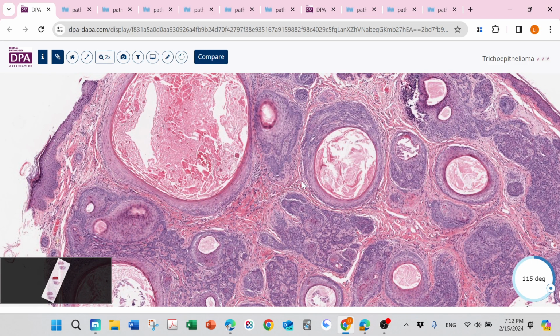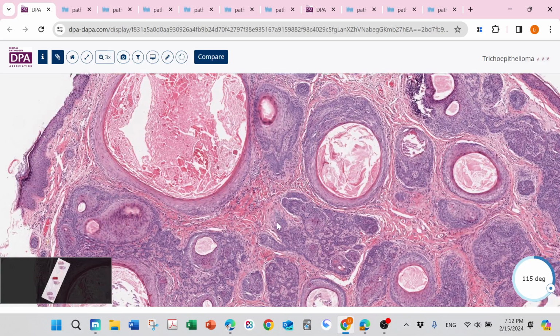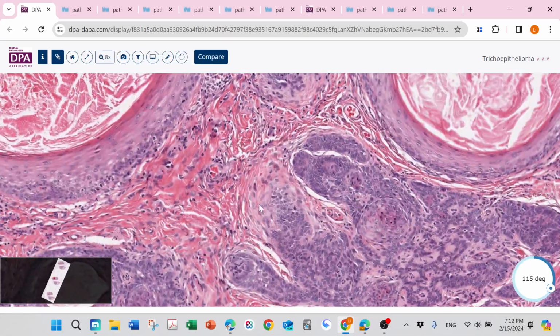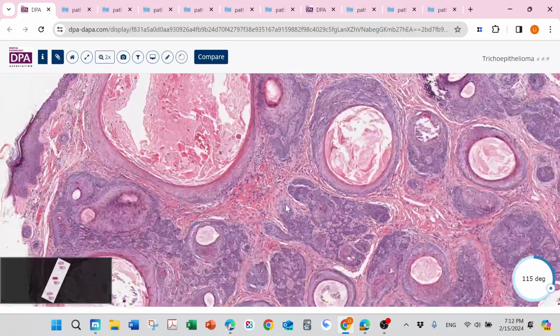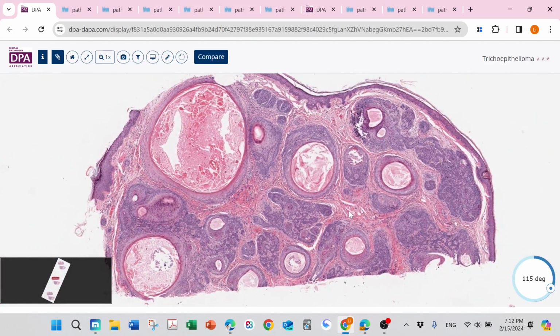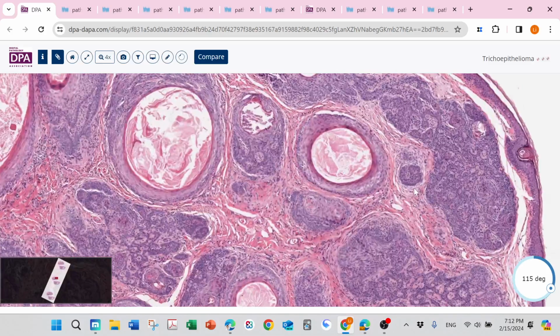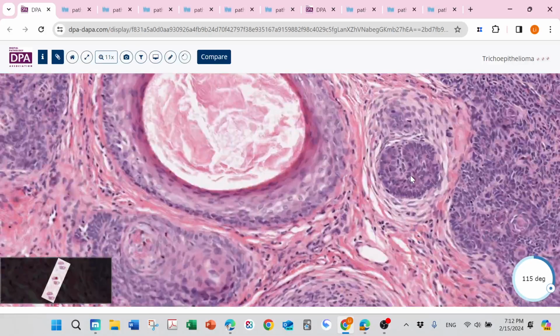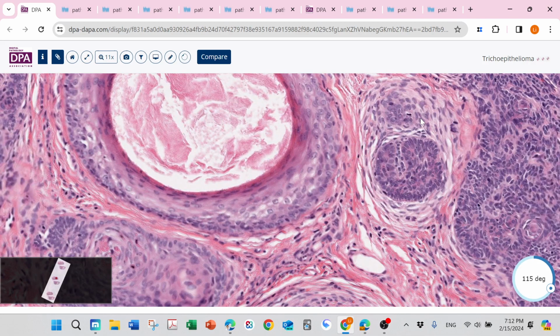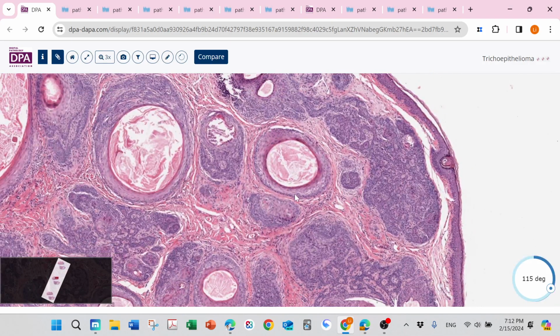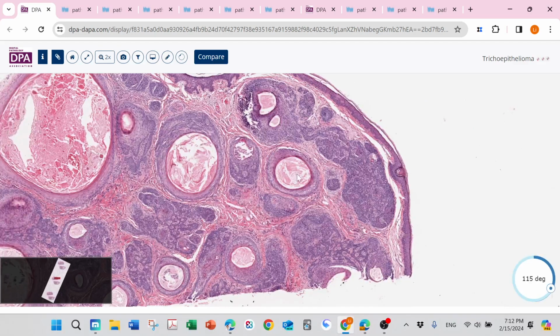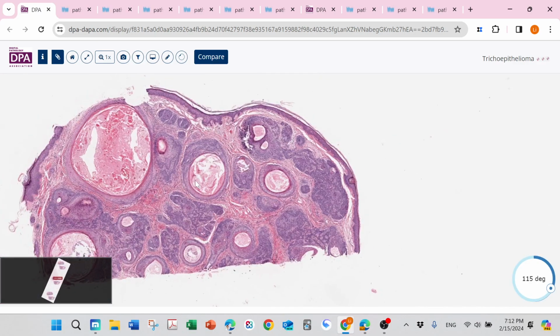But remember, the papillary mesenchymal body is the basaloid cells hugged by spindle fibroblast-like cells. That is a classic feature. When you see this feature, you are sure that is not basal cell carcinoma. If you're really not sure, you can do one stain to help you. That is CK20.